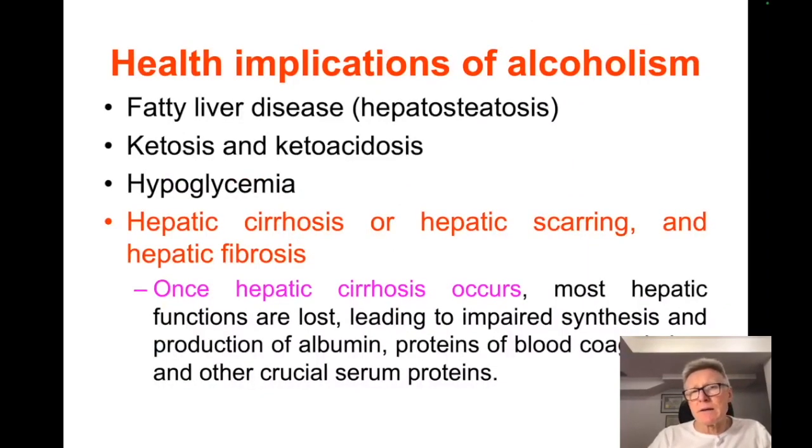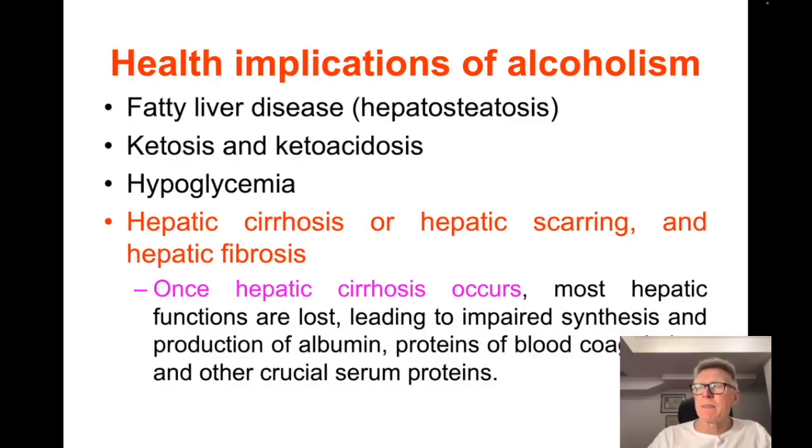So what are the health implications of alcoholism? As I mentioned, fatty liver disease or hepatosteatosis, too much fat accumulated in the liver. Ketosis and ketoacidosis, and this is because alcohol also impairs the ability of the liver to produce glucose.